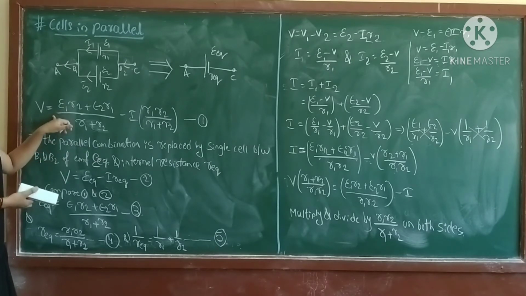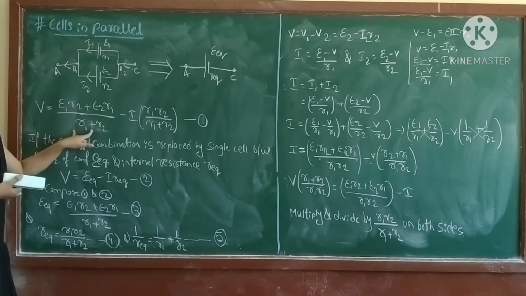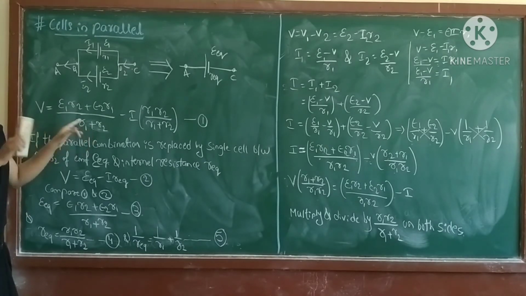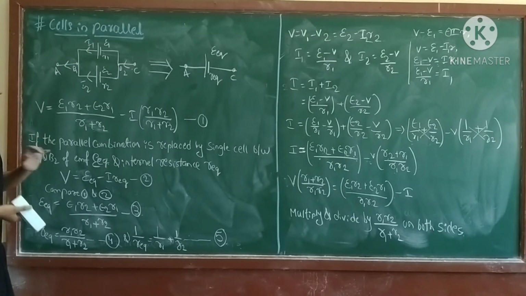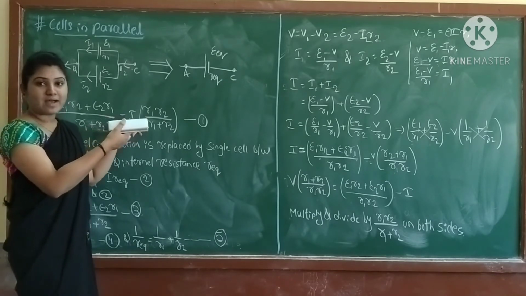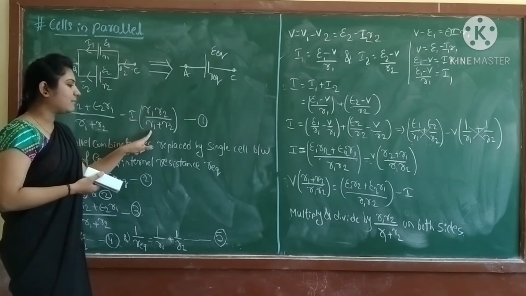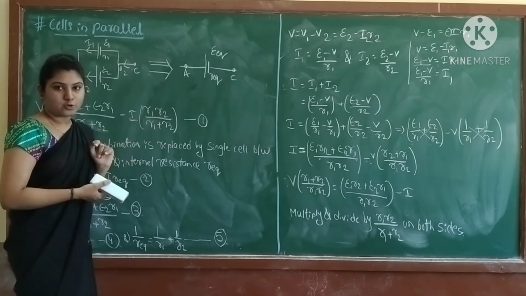Yes? Then what remains? E1 R2 plus E2 R1 divided by R1 plus R2. That only remains, because multiplied also and divided also. So minus I. Yes? That is not having any value there. That's why we are getting here R1 R2 divided by R1 plus R2.